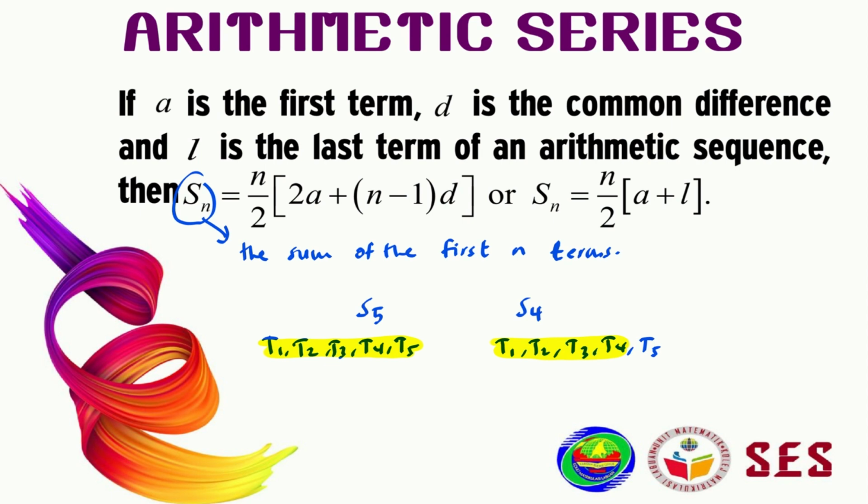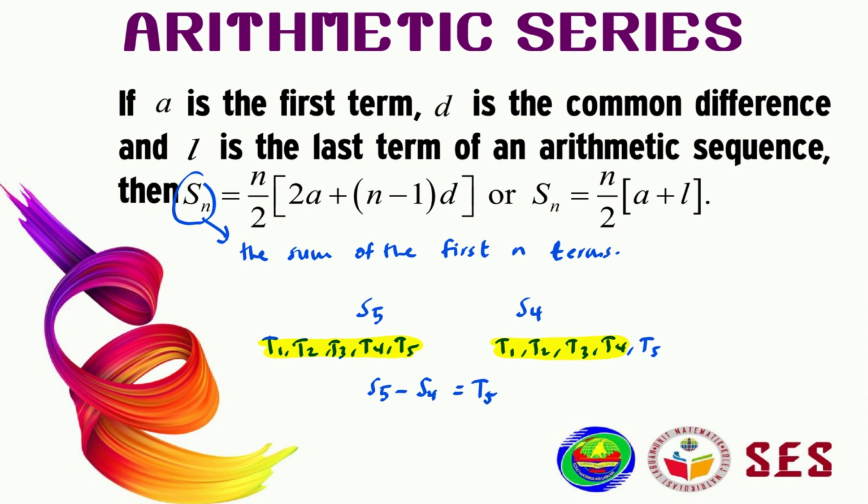Suppose that we try to do S5 minus S4. As you can see, we have S5, the sum of the first 5 terms, minus the sum of the first 4 terms, so we get T5.